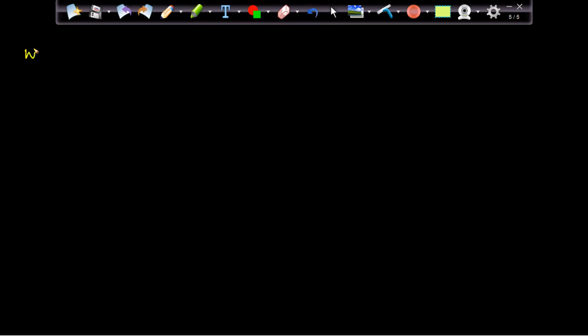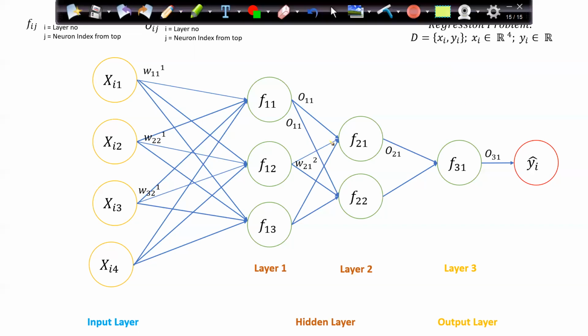So for W3, basically at this point, what derivatives did we calculate? We calculated dou L by dou W113 is equal to dou L by dou O31 multiply by dou O31 by dou W113.